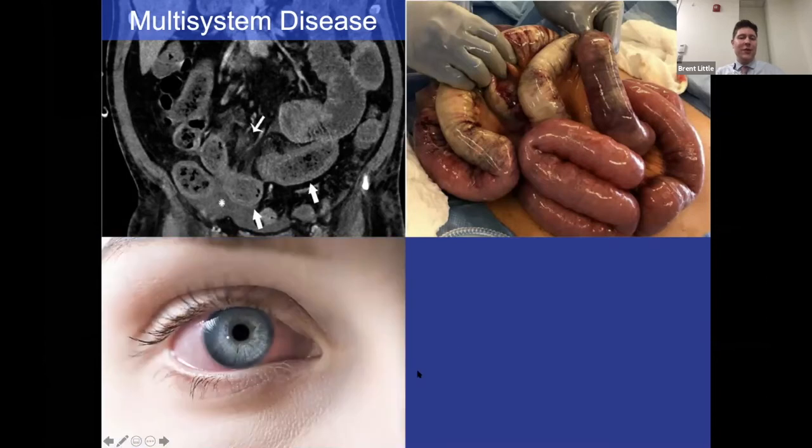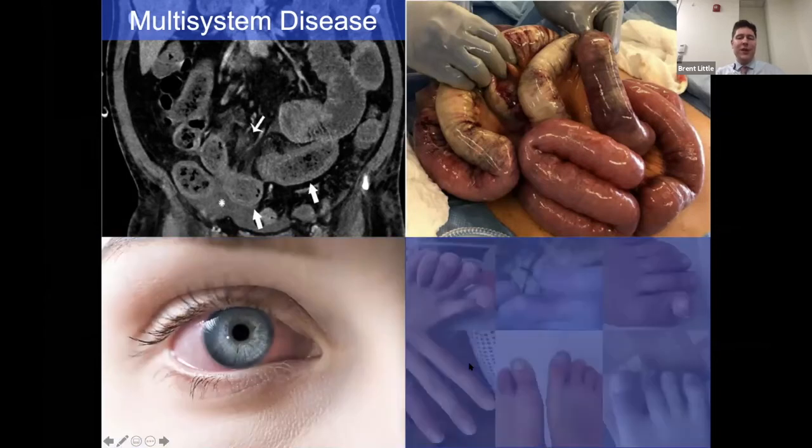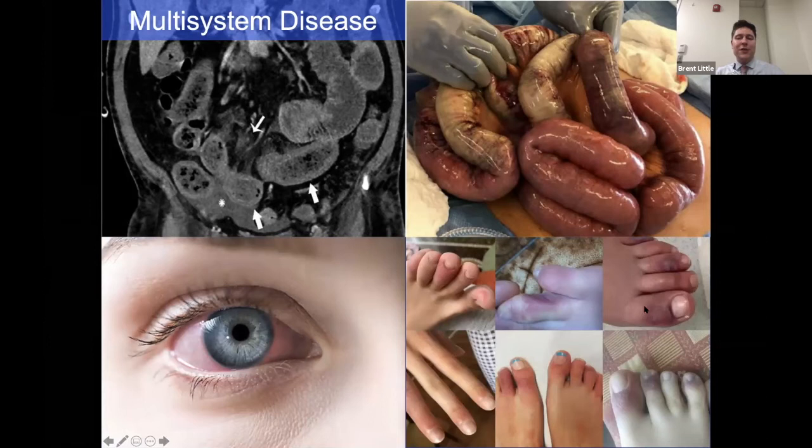So it can affect the bowel, can cause conjunctivitis, and also in keeping with some of the vascular effects of COVID-19 due to clotting problems, it can cause the so-called COVID toe phenomenon that can be due to in situ thrombosis and also due to thromboembolic effects on the extremities that you can see here.